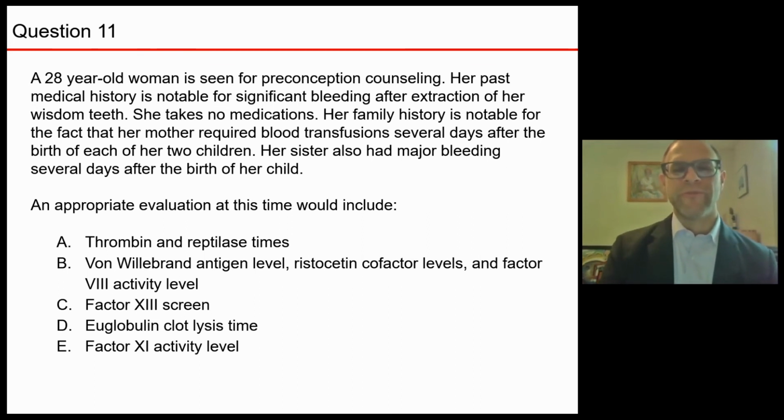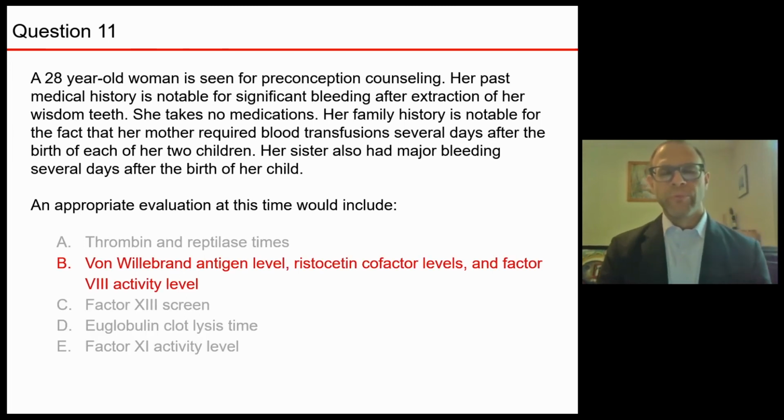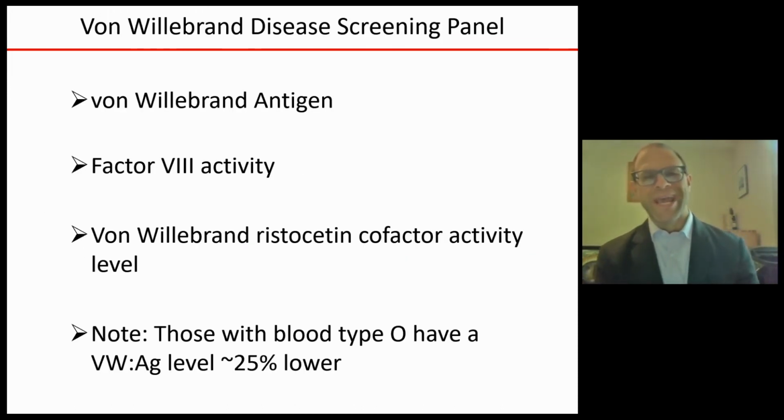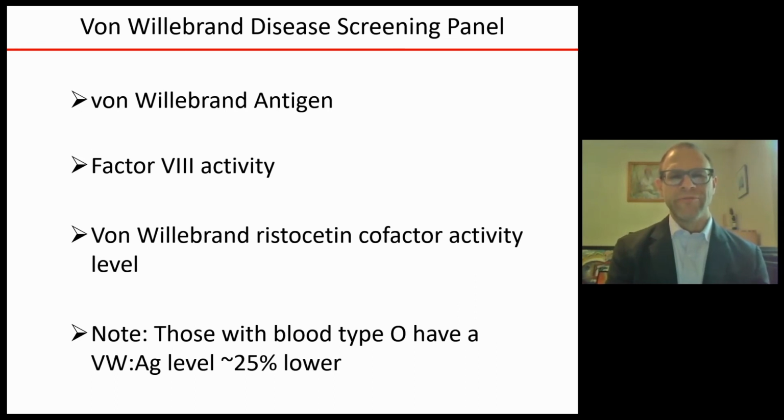The answer is a von Willebrand panel. Von Willebrand disease being the most common type of bleeding disorder. The panel includes both the antigen and activity of von Willebrand factor, the activity test being called ristocetin cofactor.